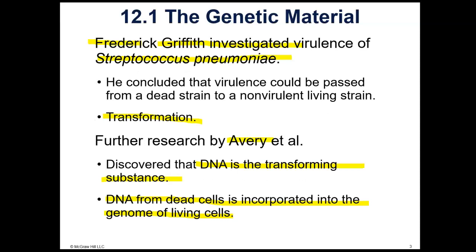So starting with section 1, the first scientist that we're going to talk about is Frederick Griffith. Frederick Griffith kind of discovered this, he wasn't really trying to find out what the genetic material is, but he was studying Streptococcus pneumoniae, which is a bacterium that causes, it actually causes pneumonia, but it's related to the bacterium that causes strep throat.